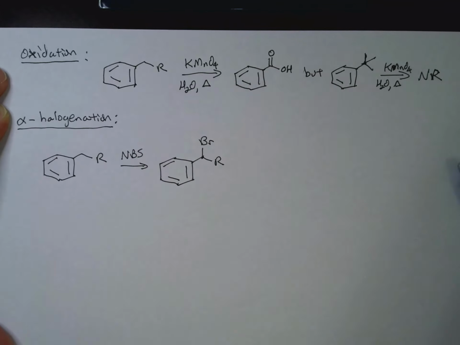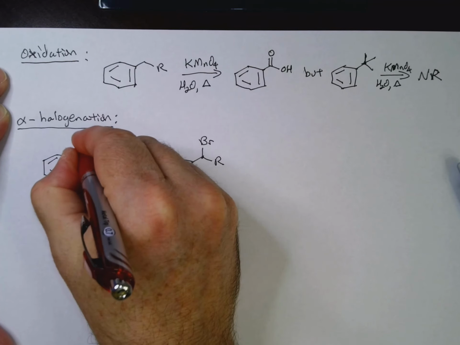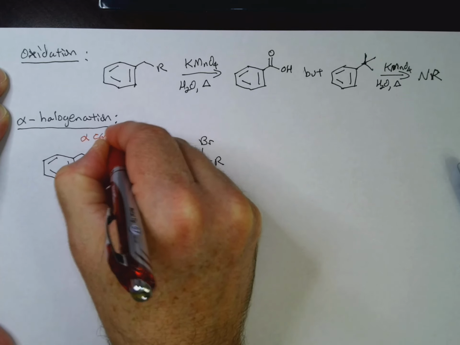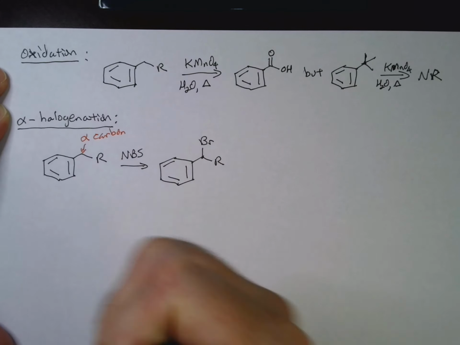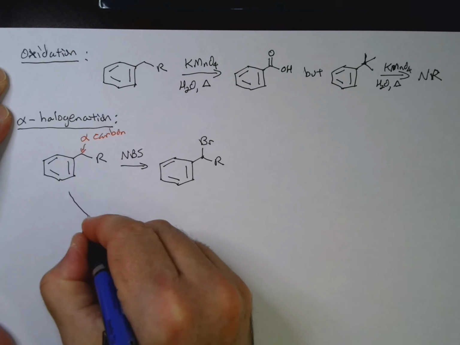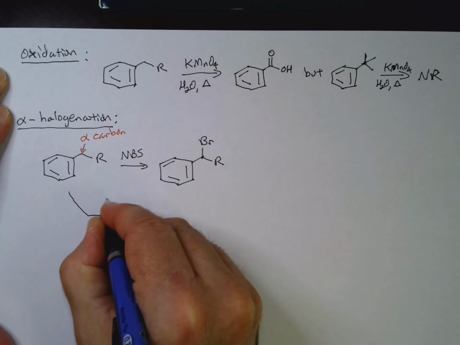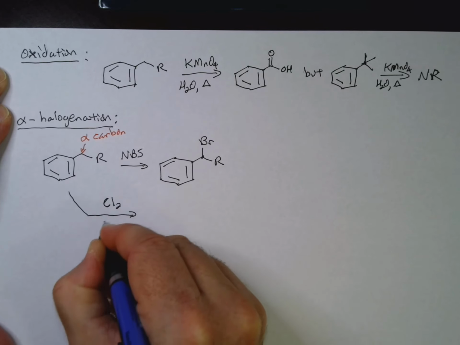Okay, so this is our alpha carbon. If we wanted to stick a chlorine on, we can do that too.